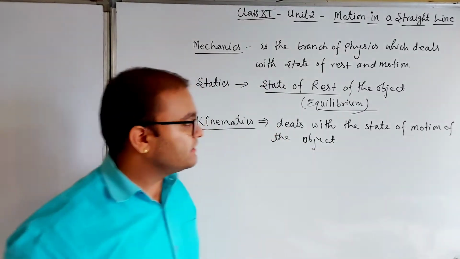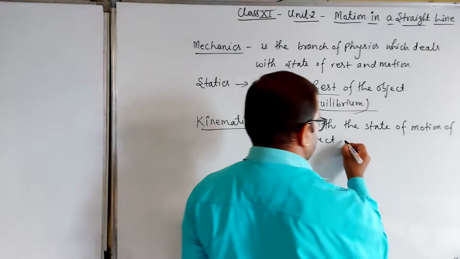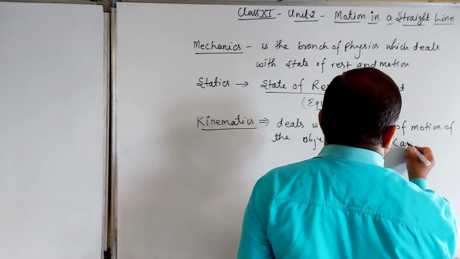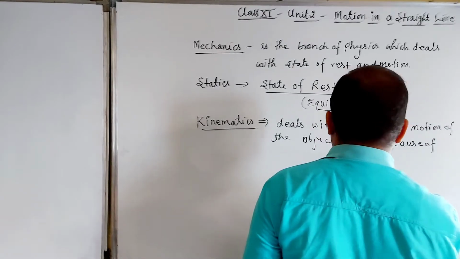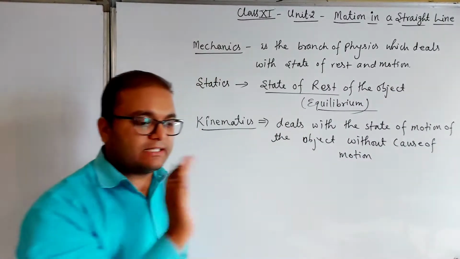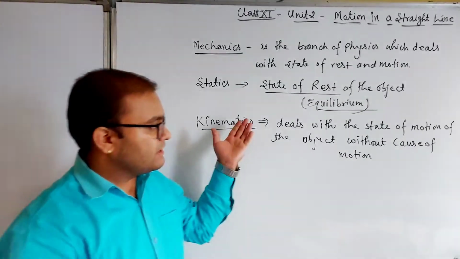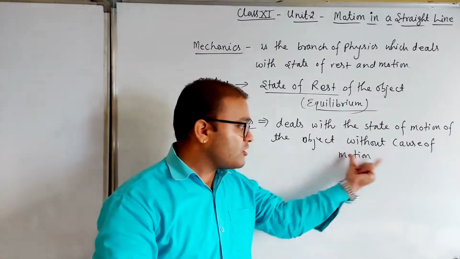Mechanics deals with the state of motion of the object but without the cause of motion. Means in kinematics we study the state of motion of the object but without the cause of motion.